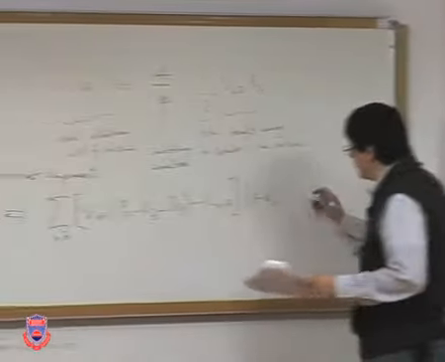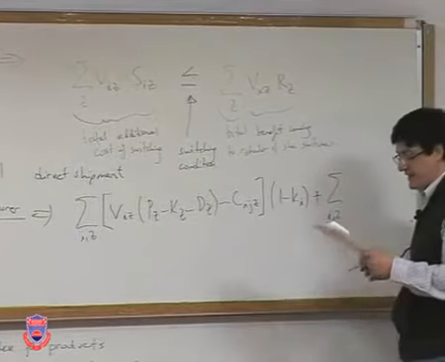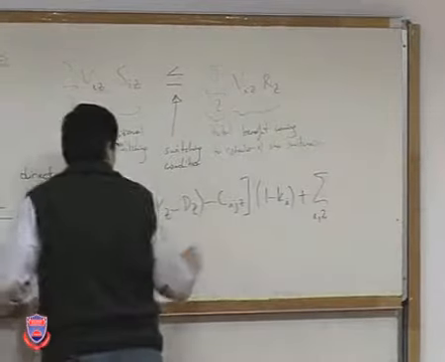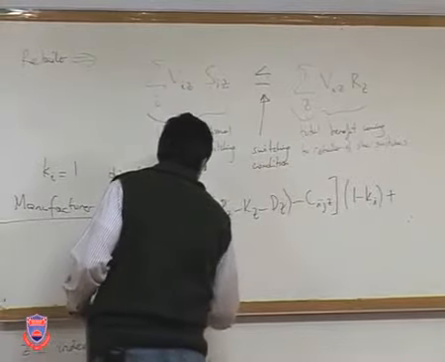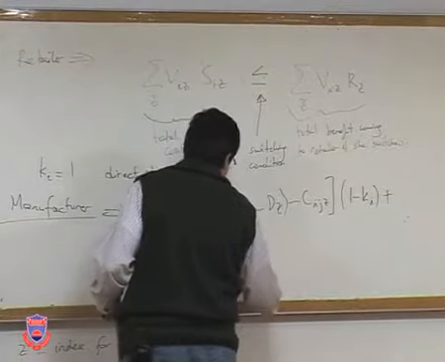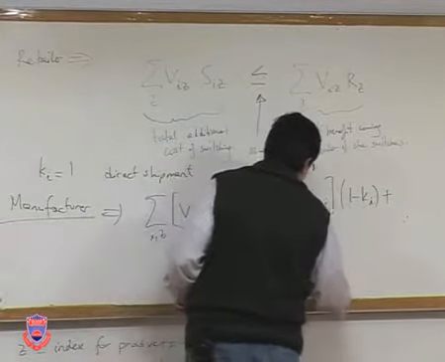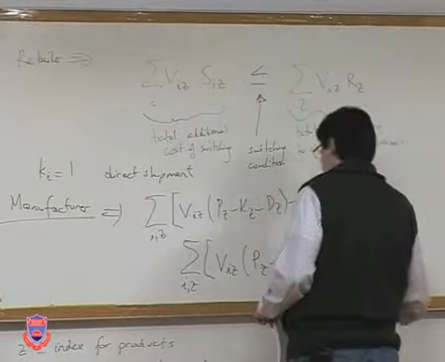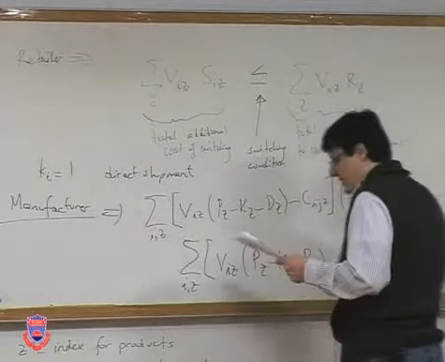Okay, so this is one part, and then we have summation again over all iz. So we have plus summation over all iz. This time I'm going to have V sub iz times P sub z minus K sub z minus R sub z minus C sub imz, and this is going to be multiplied with K sub i.